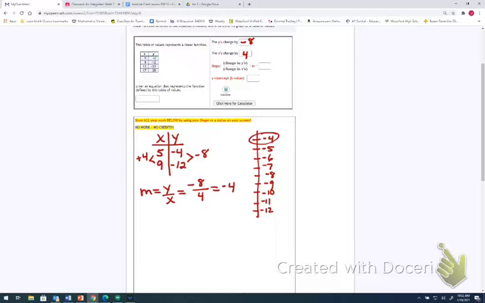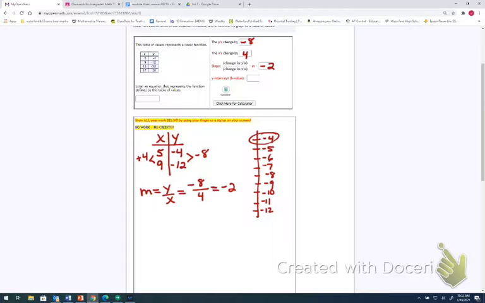I did it right in class and then did it wrong on the video. Negative 8 divided by 4 is negative 2. Sorry, fix that. Negative 8 divided by 4 is negative 2, so your slope, your m, is negative 2.